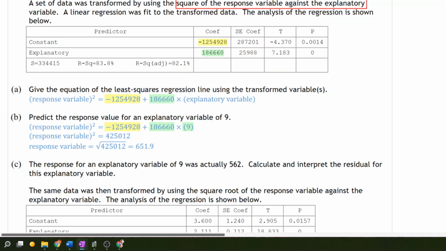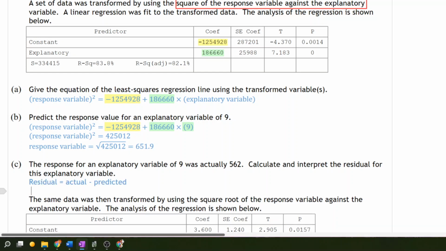Let's take a look at letter C. Let's suppose that the response for the explanatory variable was actually 562. Let's calculate and interpret the residual for the explanatory variable. Any residual is equal to the actual minus the predicted value. We have an actual value of 562, and then we have a predicted response of 651.